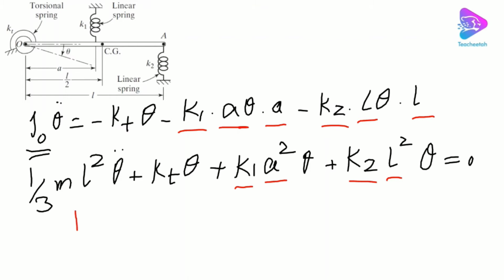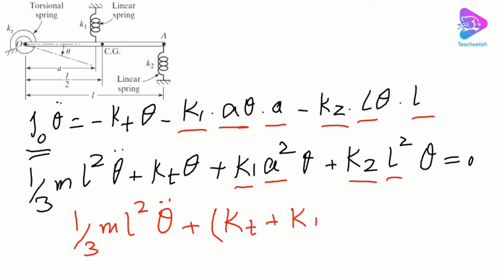So we have 1/3 of M L squared theta double dot plus, factoring out theta, k_t plus k1 A squared plus k2 L squared, times theta equal to 0.